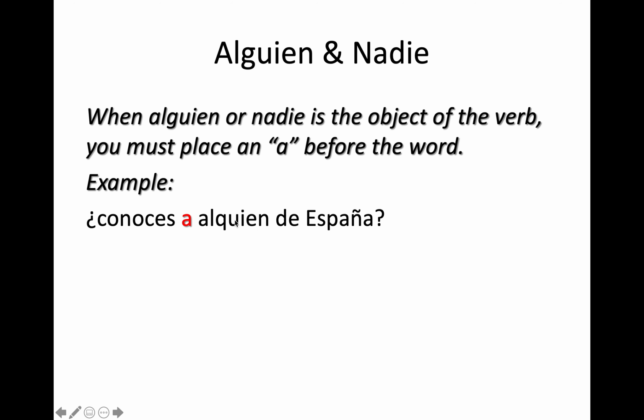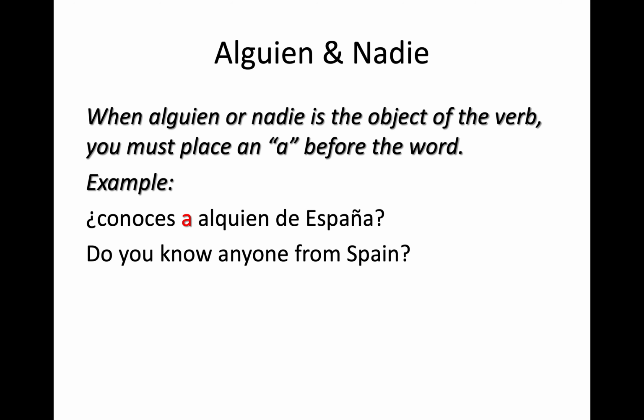Okay, so again, because this alguien is the object of the verb, you must have the preposition a before those words. Here, do you know anyone from Spain? And this one right here, whether the answer is yes or no, you still have to keep that a, okay? So again, when alguien and nadie is the object of the verb, you have to have a preposition.